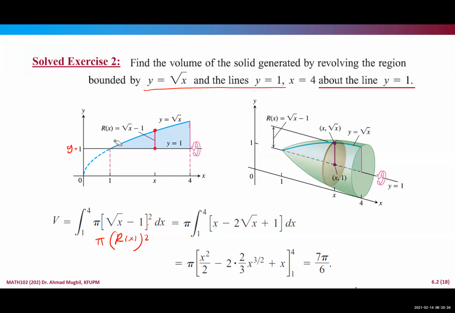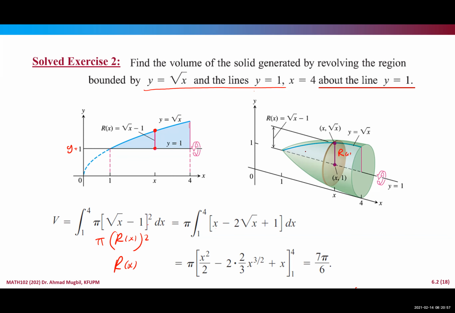Yes, Zaki. What is R of x? R capital. What is R capital here? R in general. What does it represent? The distance from upper to the lower. Yes, it is the radius of the disk.